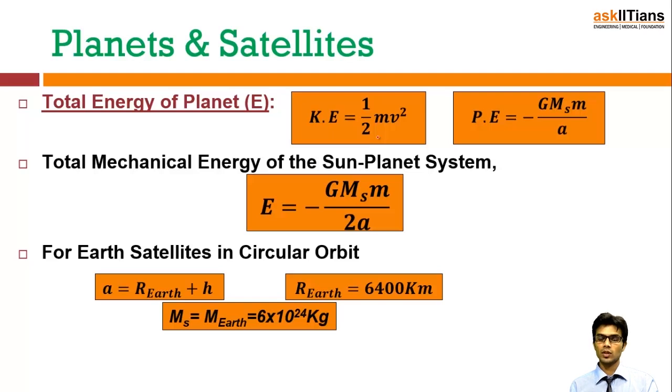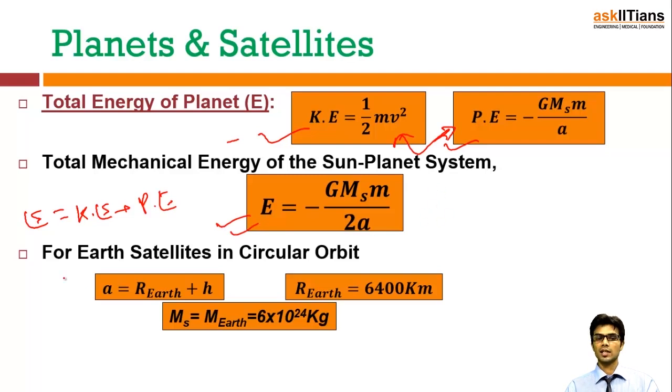We have to add both kinetic energy and potential energy. If you add these two equations, we get the total energy of the sun-planet system, E is equal to minus G Ms m by 2a, where a is the radius of the circular path.